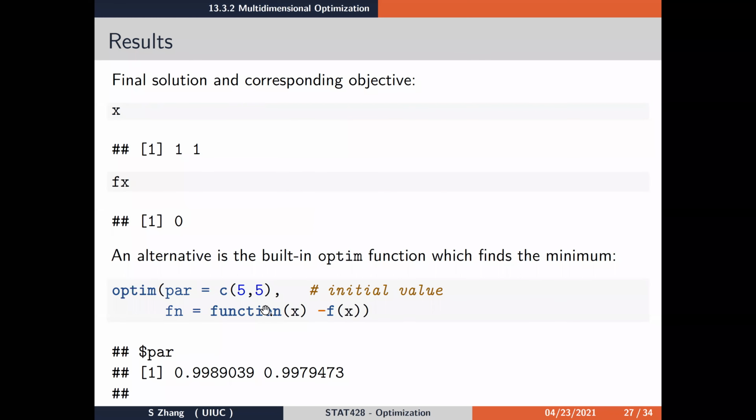So here are the results. This was iterated for a total of 100 iterations, and the resulting solution x is the vector of 1 and 1. The corresponding fx, which is the f function evaluated at the optimum that the Newton-Raphson method found, is equal to 0.